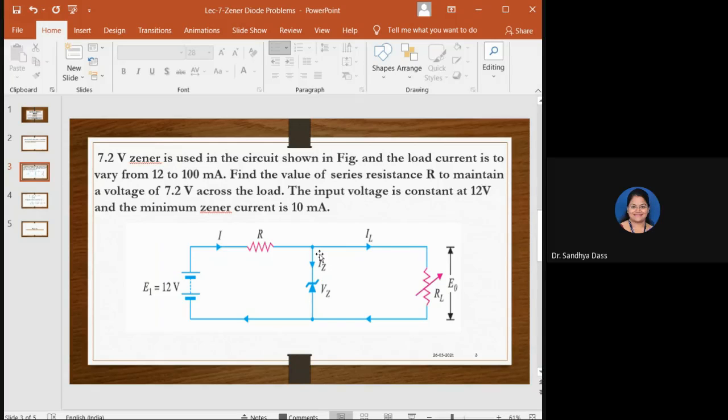It states that the total currents entering the circuit junction or the node will be equal to the total currents leaving the node, isn't it? In simple language, the summation of incoming currents at a node will be equal to the summation of outgoing currents. So according to KCL, here I will be equal to Iz plus IL. Okay, remember this equation.